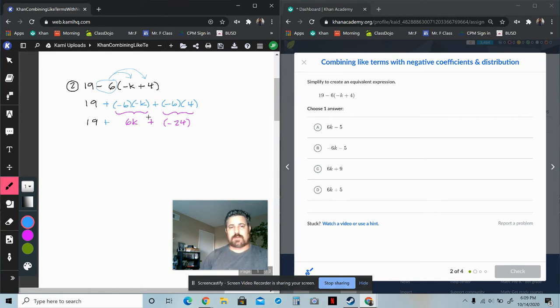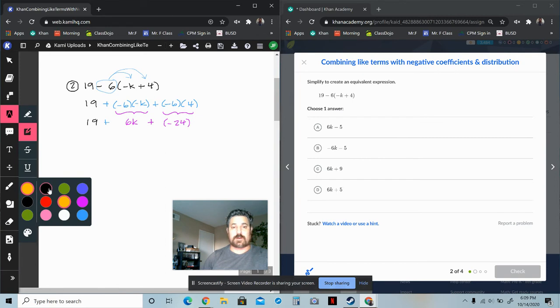And the shortcut that you would eventually use once you get more comfortable is this. You just go negative 6 times a negative k is a positive 6k. Negative 6 times a positive 4 is a negative 24. And you just combine it all with addition. All right, so now we're going to combine our like terms. Remember, like terms by definition are terms that have the same variable to the same degree.